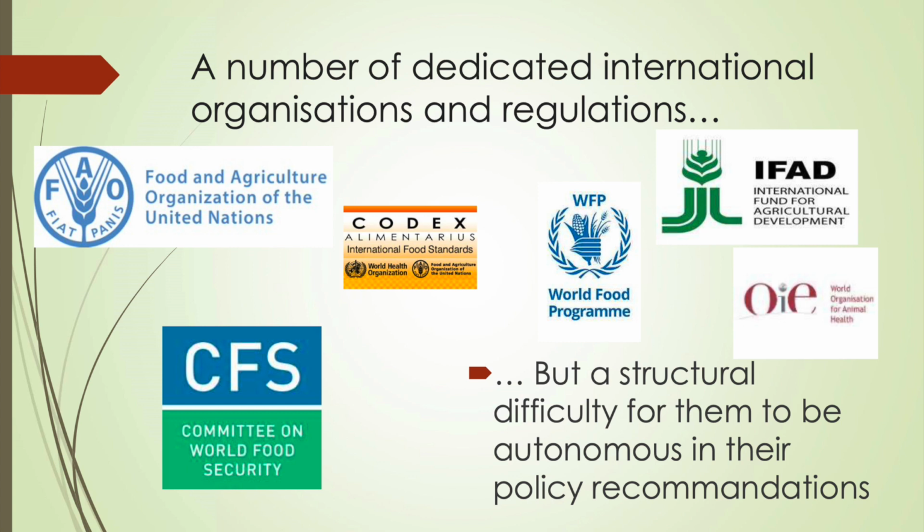You have the World Food Programme, you have the International Fund for Agricultural Development, or another specialized organization, the one for the health of animals. Let's say that they have not a high profile internationally. And the agricultural advice which is taken by countries is the one from the previous organizations I was presenting.